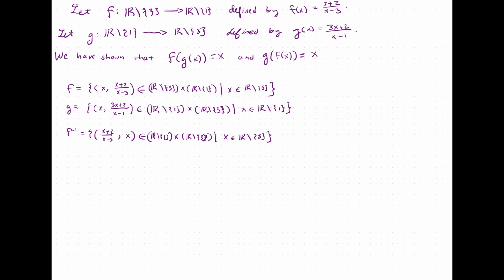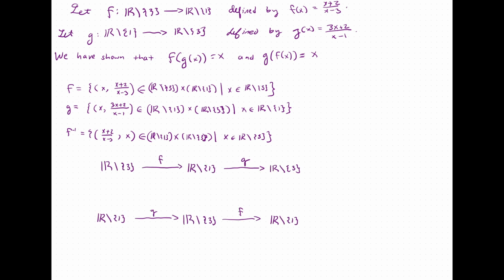We did do the composition of f and g, and we got that those gave us back x's. So how are we interpreting these? Well, we can visualize these two functions, f and g, in the following way. And so here's our visualization. So f has domain, real numbers minus 3, outputs real numbers minus 1.